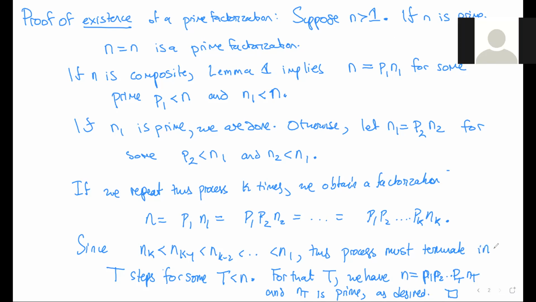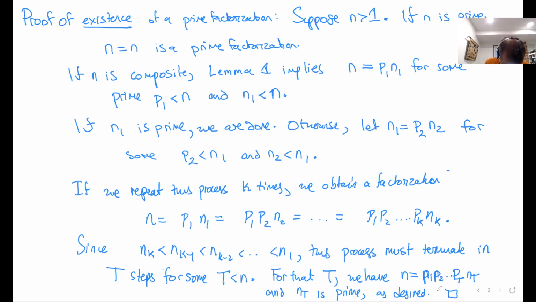Aren't we supposed to prove that any integer bigger than 1 can be factorized into a product of primes in increasing order? Well, okay. Once you get this, you're right, you can sort these factors in non-decreasing order, and then that's a non-decreasing factorization.